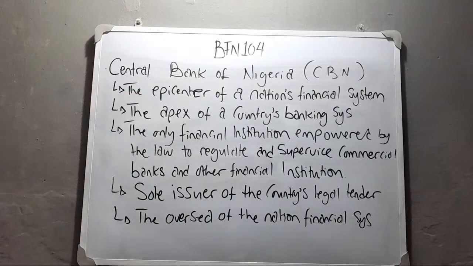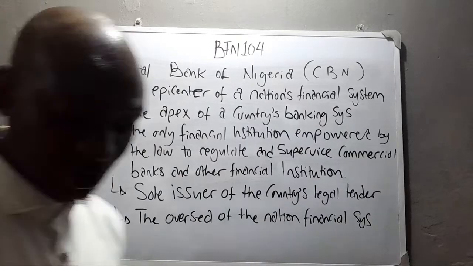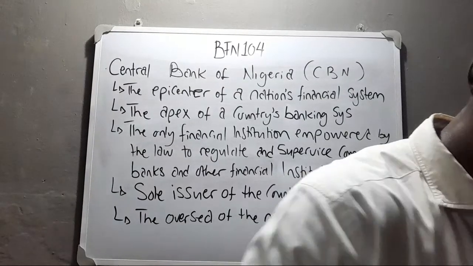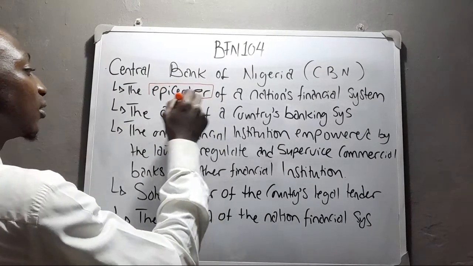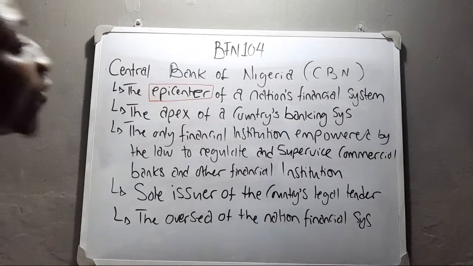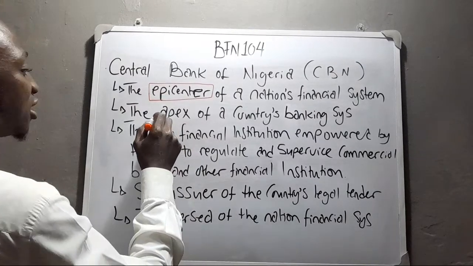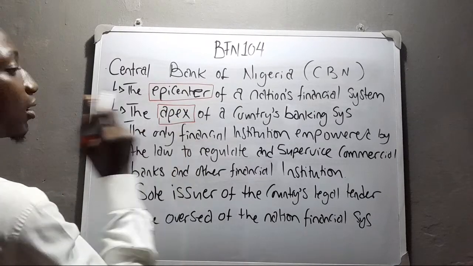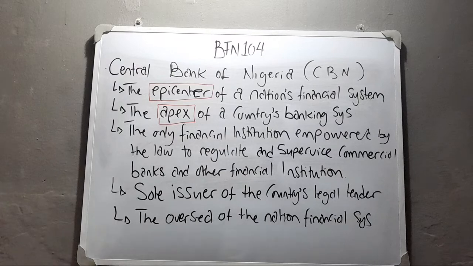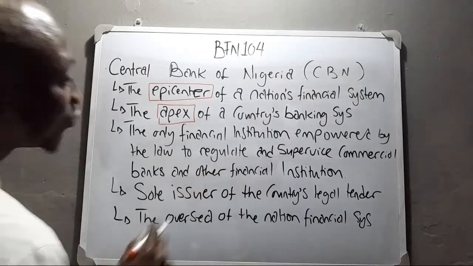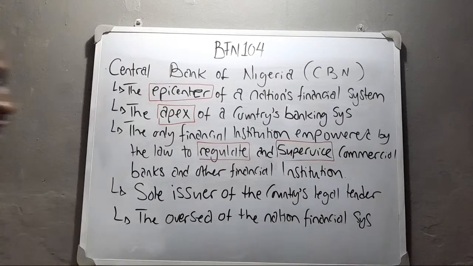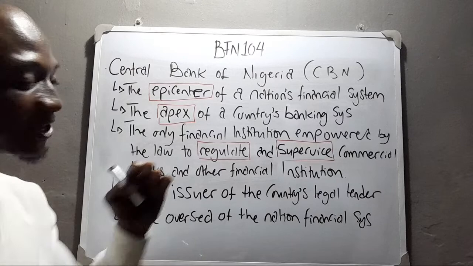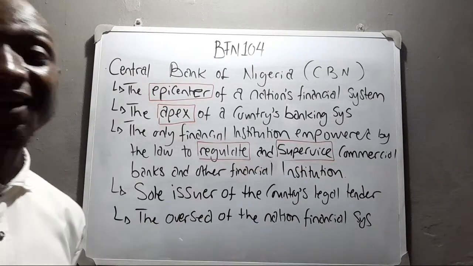Now the Central Bank of Nigeria is the epicenter. I think I should highlight that. Those are the key points. The epicenter of the nation's financial system. It is also the apex of the country's banking system. It is also the only financial institution empowered by the law to regulate, to supervise, not just regulate alone, but to keep an eye on other commercial banks and financial institutions.